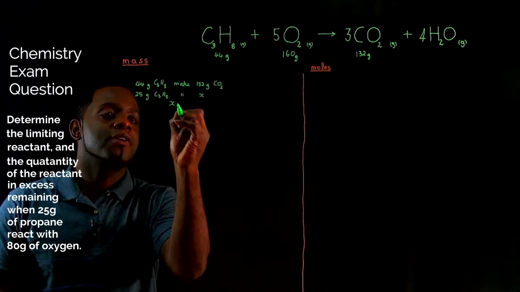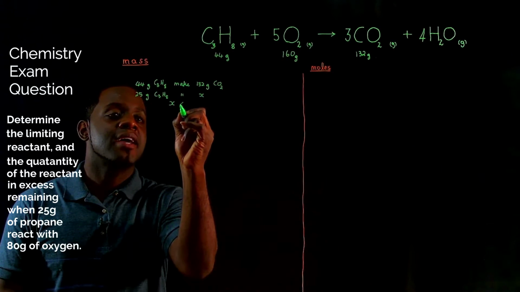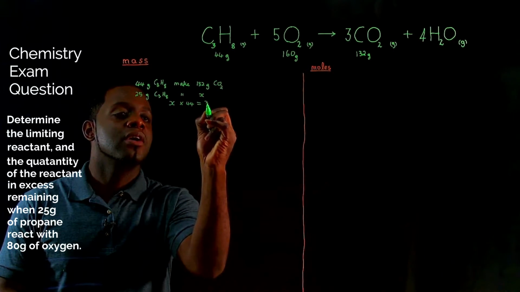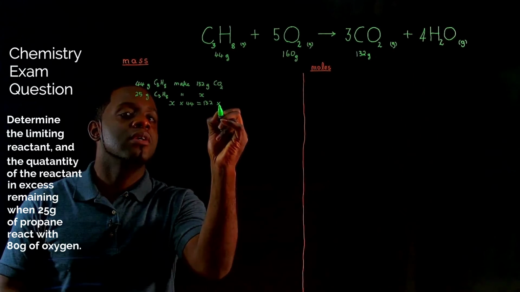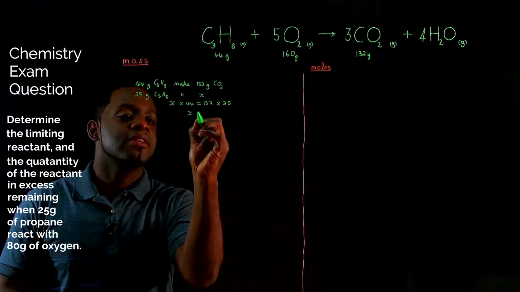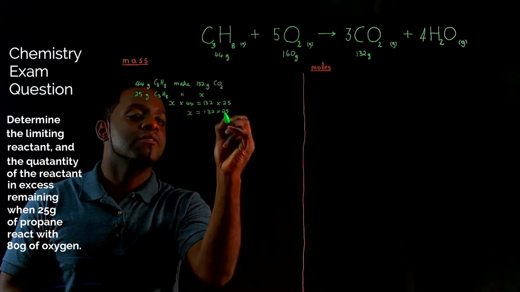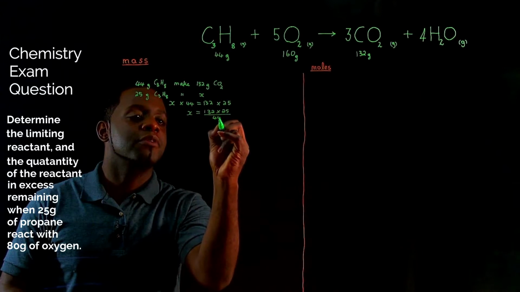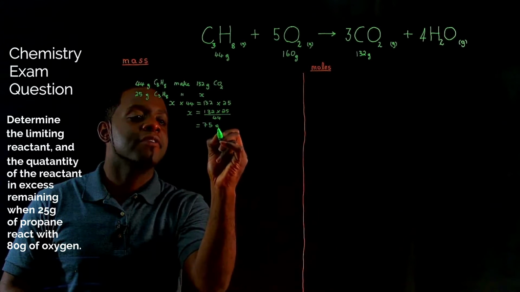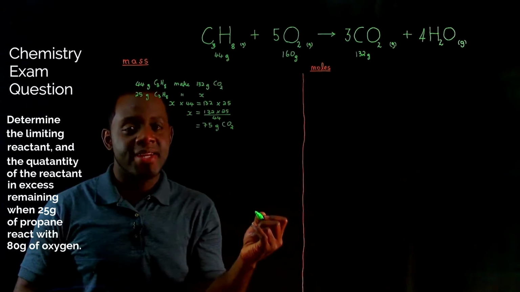By the method of cross multiplication, X times 44 is equivalent to 132 times 25. X is therefore equivalent to 132 times 25 divided by 44. That gives us a total of 75 grams of carbon dioxide made.